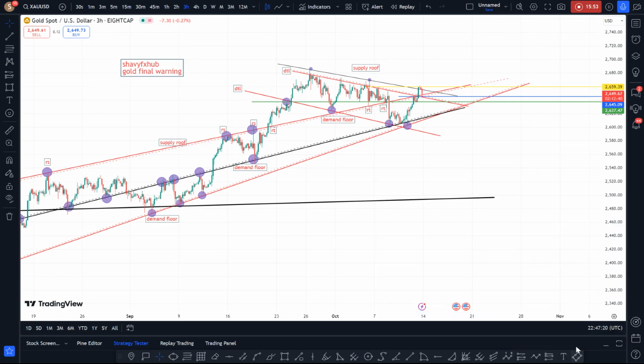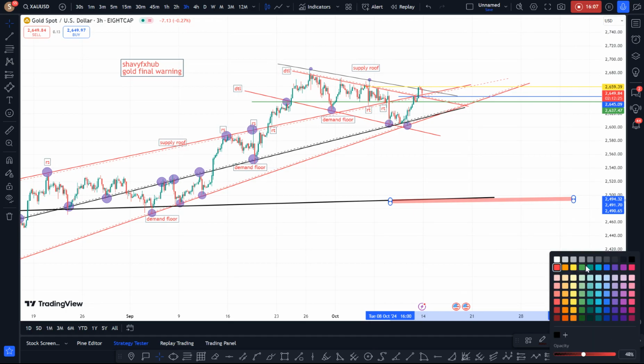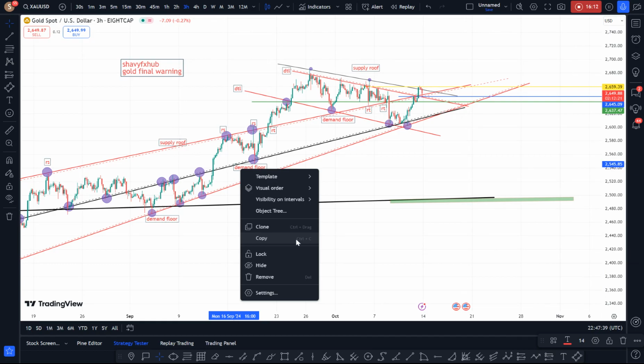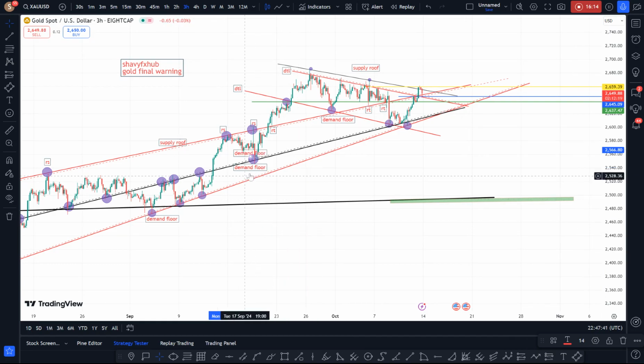And if we have a strong fundamental, it can play against every analysis in the market. So we're going to have here as green indicating buy is another demand floor where price can come down to give us a bullish reaction.